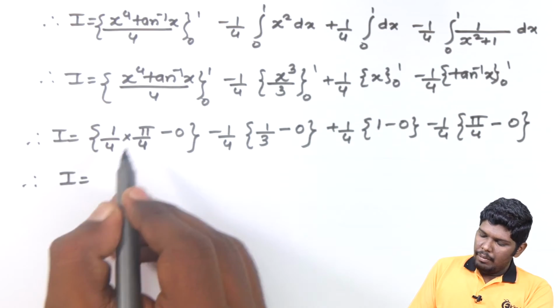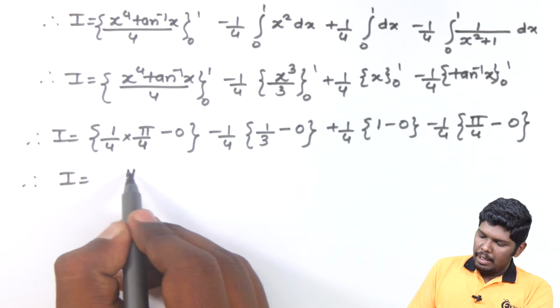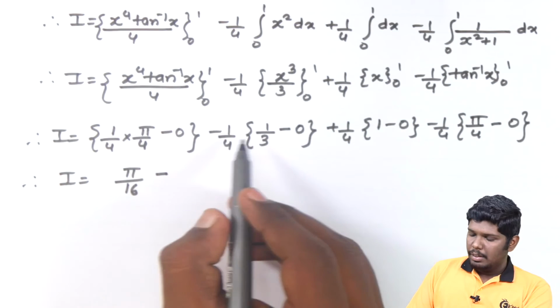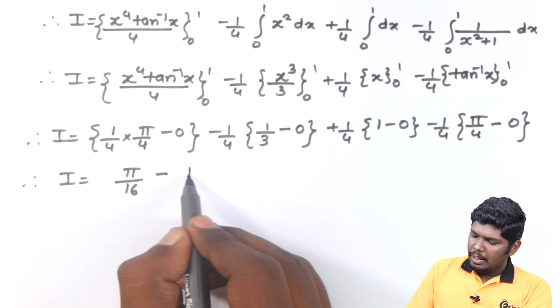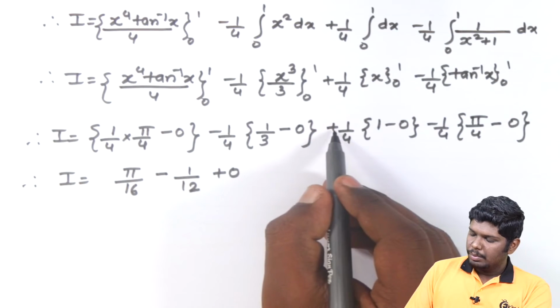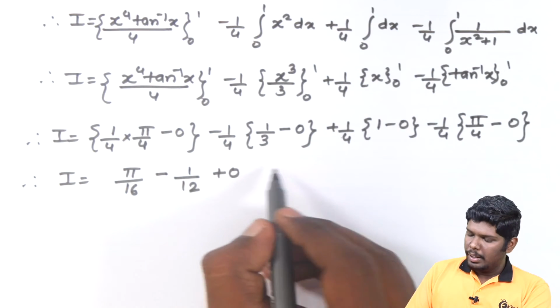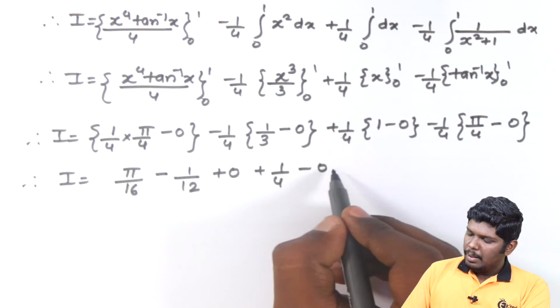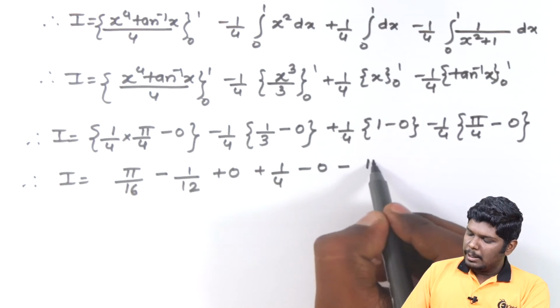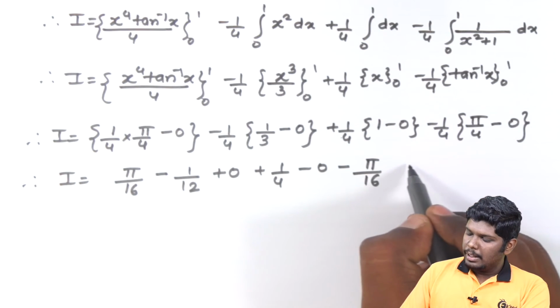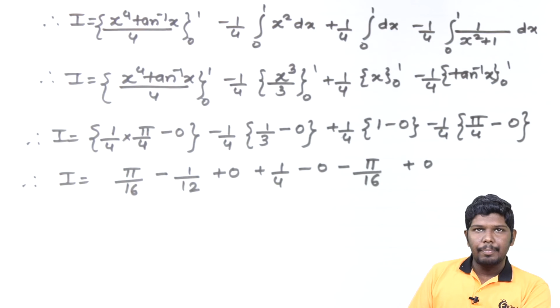Therefore, further we have 1 into pi is pi upon 4 into 4 is 16, minus 1 by 4 into 1 by 3 is 1 by 12. Minus into minus is plus 0. Plus we have 1 by 4 into 1 is plus 1 by 4 minus 0, minus 1 into pi is pi upon 4 into 4 will give you 16, minus into minus is plus 0.